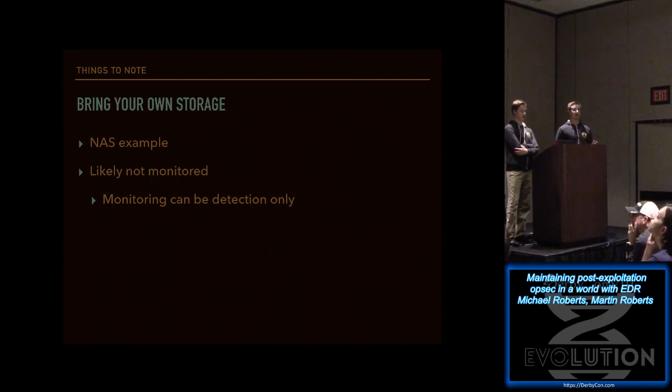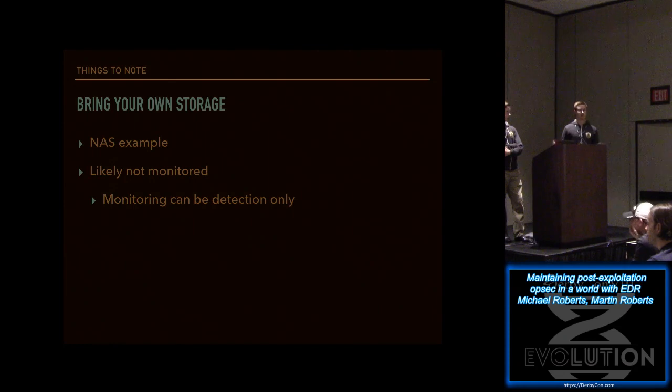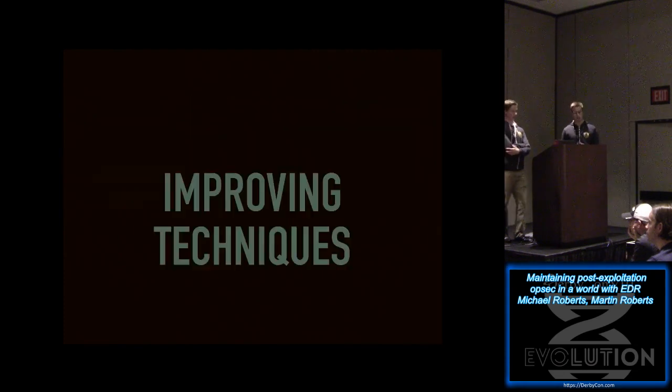But the endpoint detection services that we've looked at, if they do monitor new NFS mounts, they don't block those actions. They just flag it, and then a user has to intervene, which we all know is slow, and they're not going to catch you right away. So you have at least a couple minutes, hours to do things on that host.